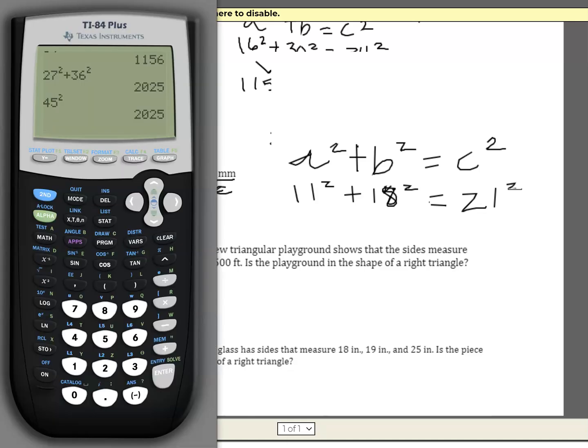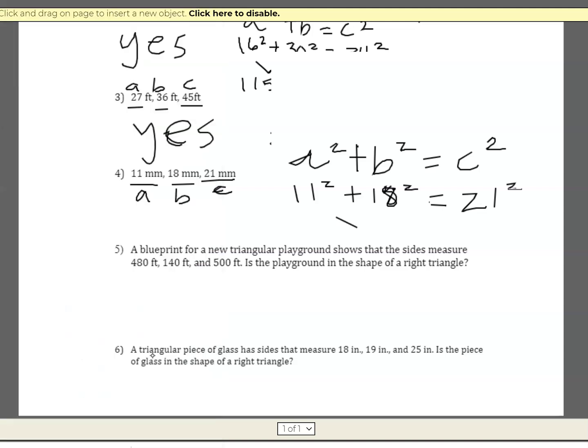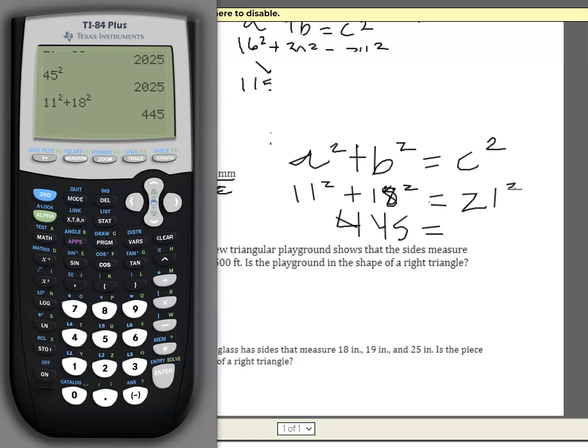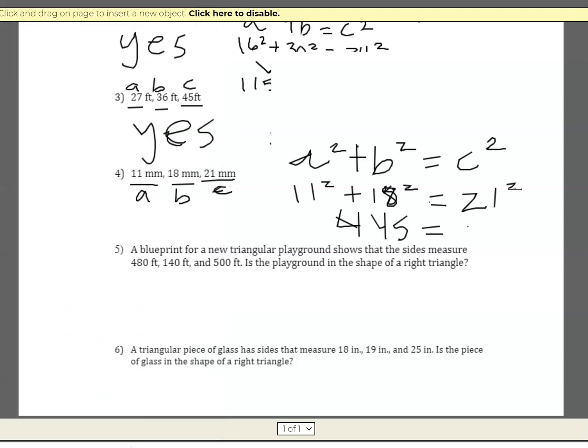Alright, so we're going to do 11 squared plus 18 squared is 445. Oops, 445. Does it equal 21 squared? 441. So are they equal? No, they are not. So this one is not a right triangle.